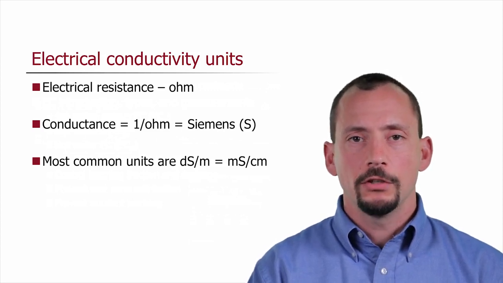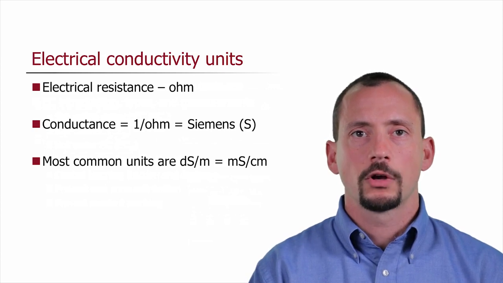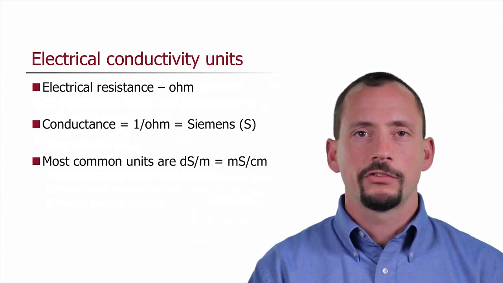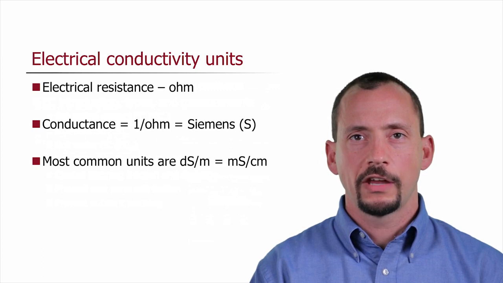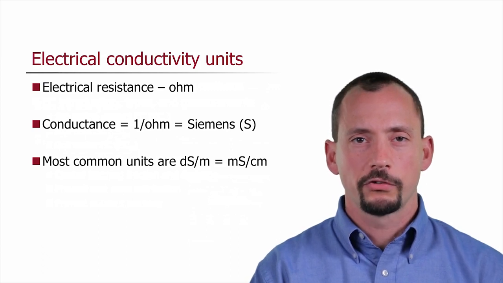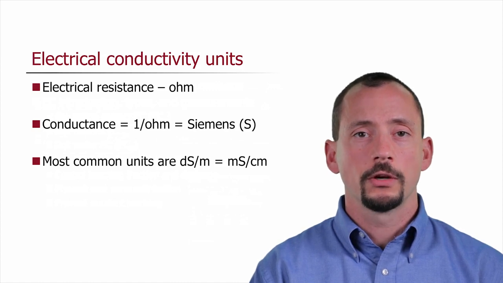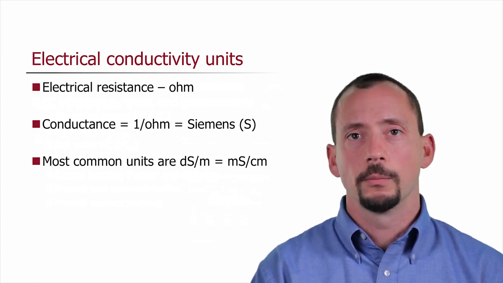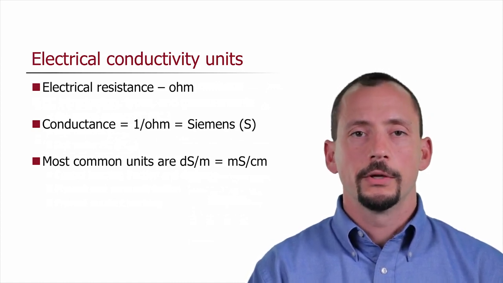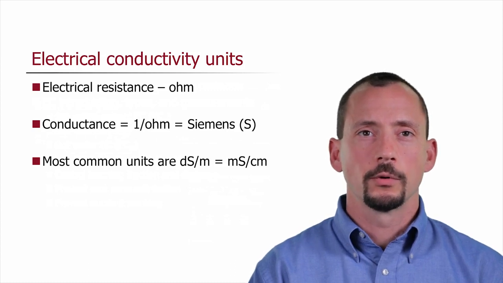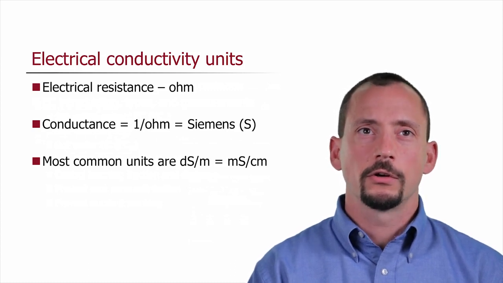The most common units of electrical conductivity are decisiemens per meter, which is the same as a millisiemens per centimeter, so you'll see those interchangeably. You'll also see millimhos per centimeter, which is the same as a decisiemens per meter or a millisiemens per centimeter. But today we'll talk in terms of decisiemens per meter as our unit of electrical conductivity.